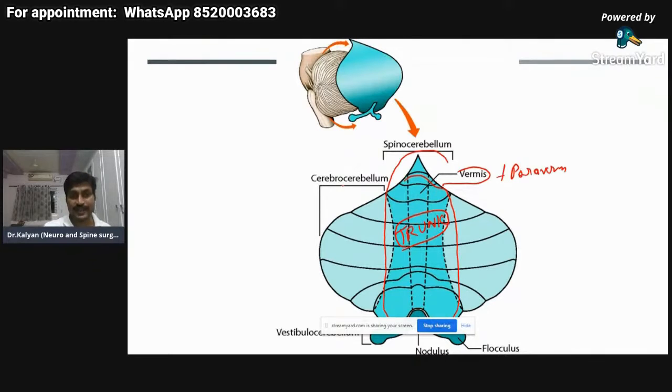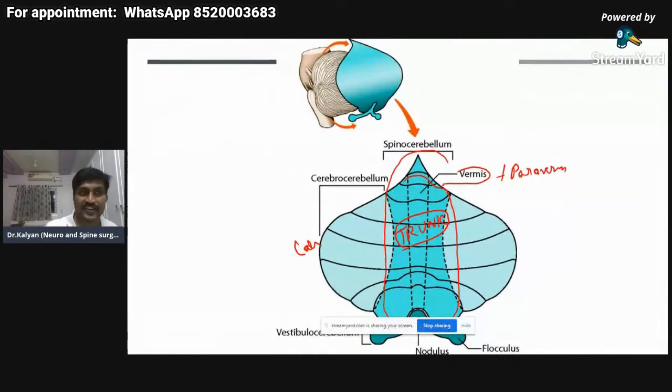Whereas the cerebrocerebellum, these lateral hemispheres, are mainly concerned with the balance, tone, and coordination of our upper limbs and lower limbs. Again, there is the anterior portion and the posterior portion of the vermis. There is some difference in the anterior vermis and posterior vermis syndromes. We'll see later. Am I clear?